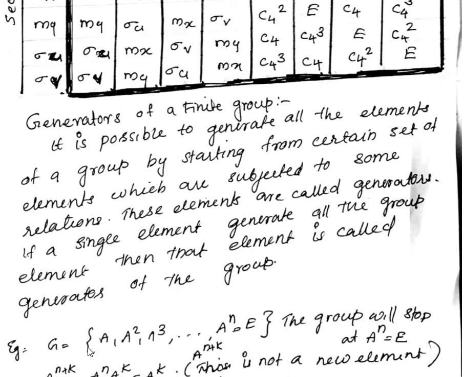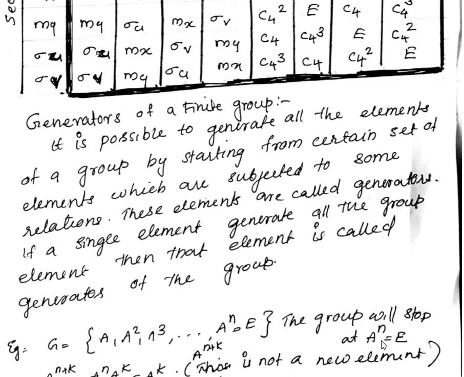Okay, so if G is equal to the set generated by A, all the elements of G can be represented like this: A, A square, A cube, up to A raised to N, which is equal to E. So here A is a generator of the group.